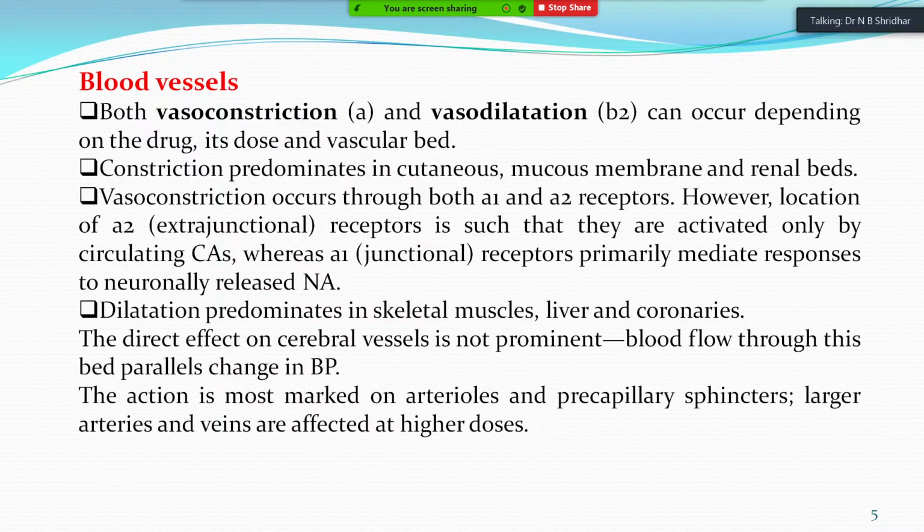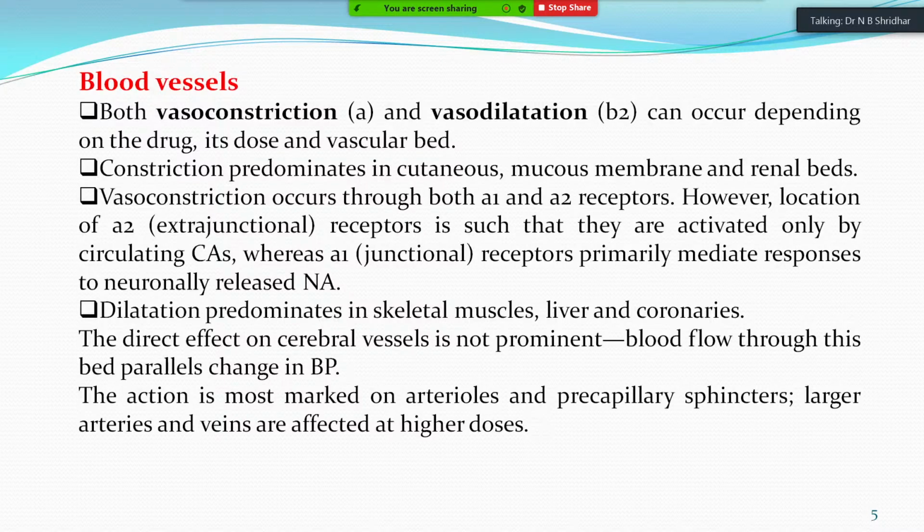If you exogenously administer a higher dose, then all these other vascular beds are affected, whereas the cutaneous, mucous membrane and renal arteries constrict, and in skeletal muscles, liver and coronaries they dilate and a lot of blood gushes into these organs.